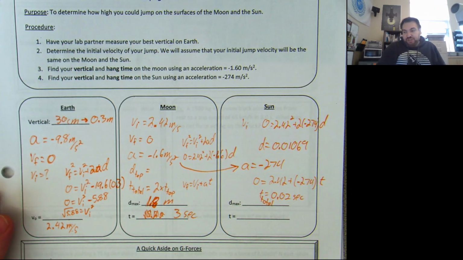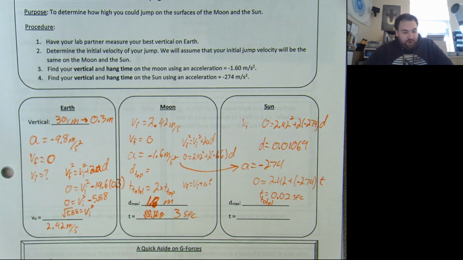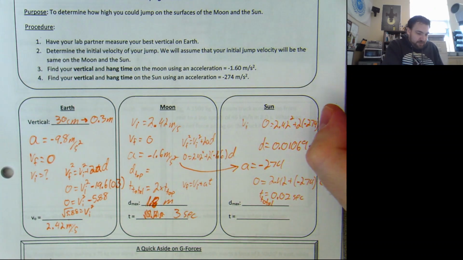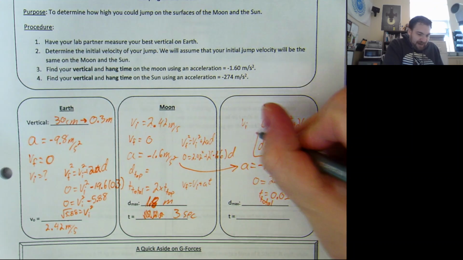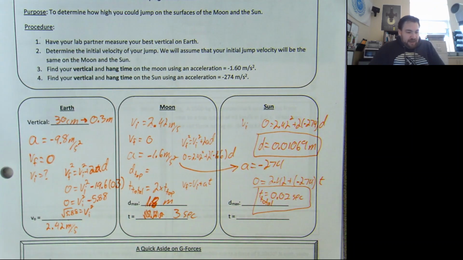So you're jumping just over a centimeter, and you are back on the surface of the sun in 2/100ths of a second. So these are the kinds of values you guys should have been looking at. I don't expect much bigger than those values. The only difference being the size of the sun produces a much larger acceleration due to gravity. Does that make a little more sense?